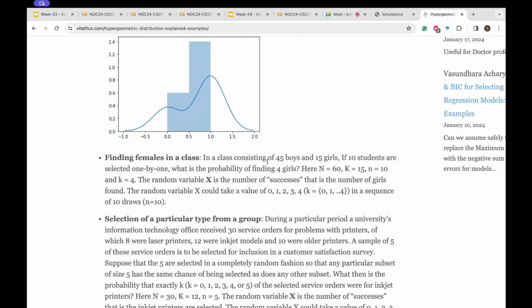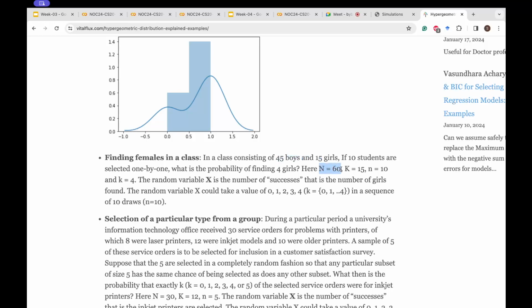In a class consisting of 45 boys and 15 girls, 10 students are selected one by one. What is the probability of finding 4 girls? So here, how will you approach it: total number of students will be 45 plus 15, so capital N is 60.